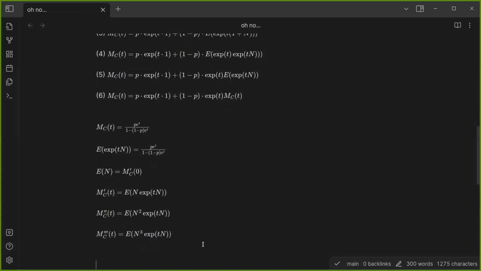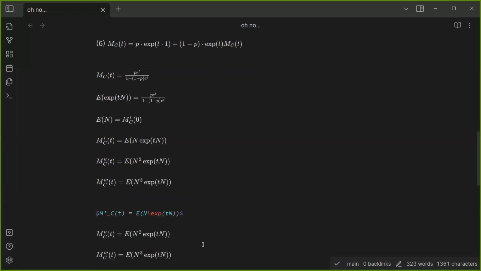And if I plug in t equal to 0 in these three expressions, I will obtain the expected value of n, the expected value of n squared, and the expected value of n cubed.